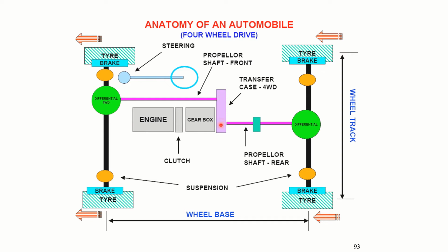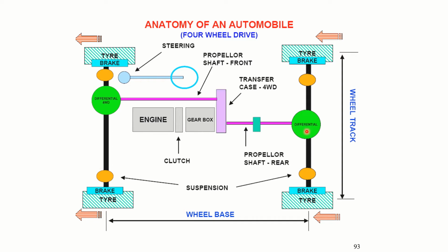So one propeller shaft will be running to the rear wheel differential and another propeller shaft will be running to the front wheel differential. Okay, so that when the gearbox output shaft rotates, the motion is transmitted to the rear axles as well as the front axle.